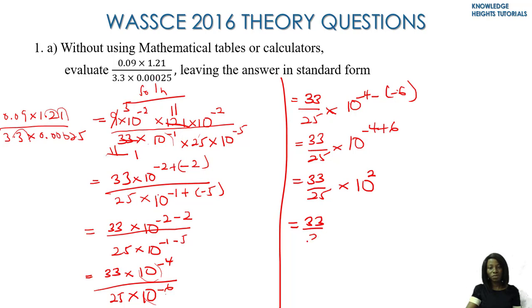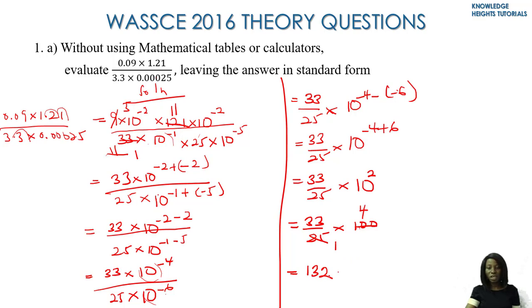We have 33 over 25 times 10 exponent 2. We all know that 10 exponent 2 is 100, and 25 goes into itself 1 and goes into 100 4 times. So we multiply 33 by 4, and using our calculator, it gives us 132. But we are supposed to leave our answer in standard form.